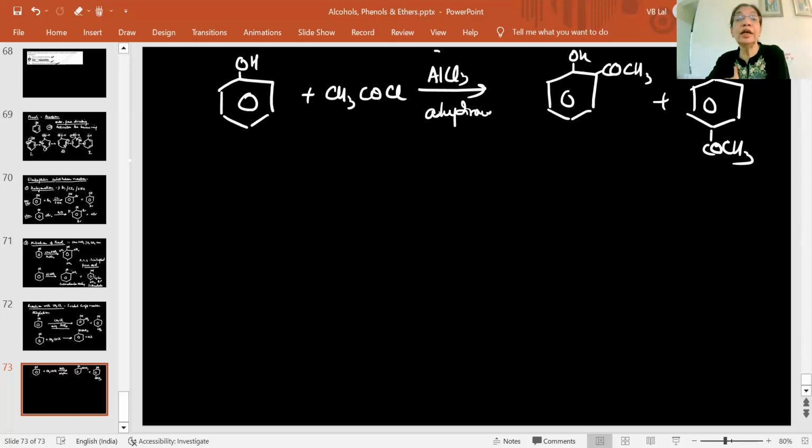So this reagent can make all the difference. If it is acetylation, then the reaction is at OH. If it is Friedel-Crafts acylation, then only it comes to the ring. Did you understand, Sai Kalyan?